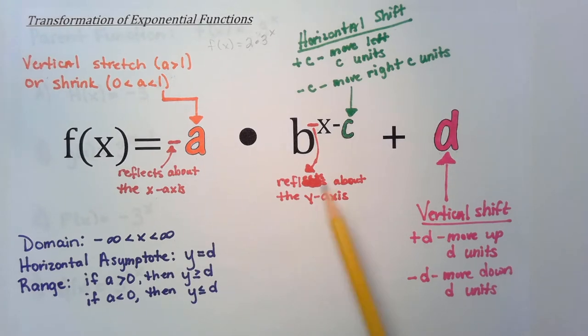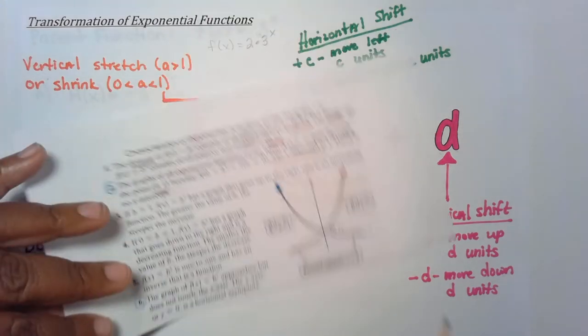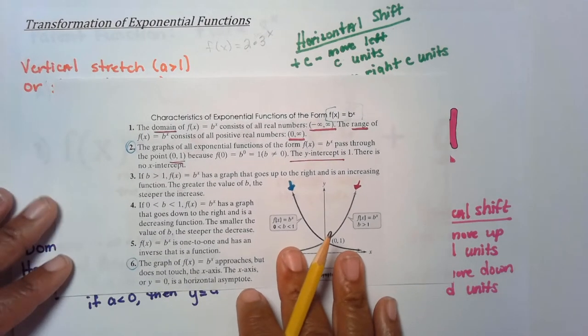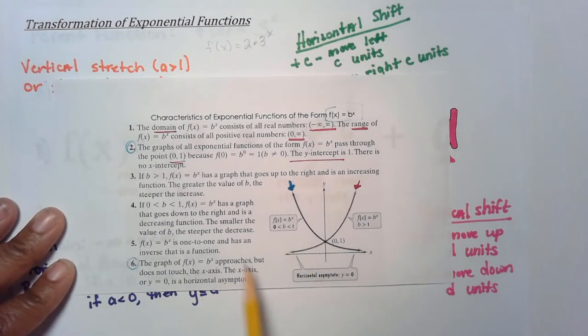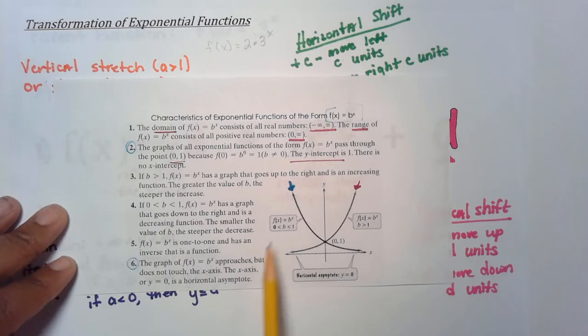We also talked about the domain, the range, and the horizontal asymptote. You have all of that information in your notes, with what is the domain, the range, and the horizontal asymptote, and how to find that.